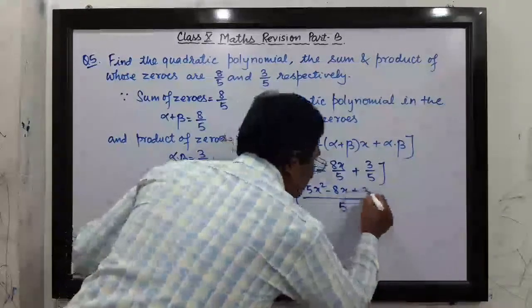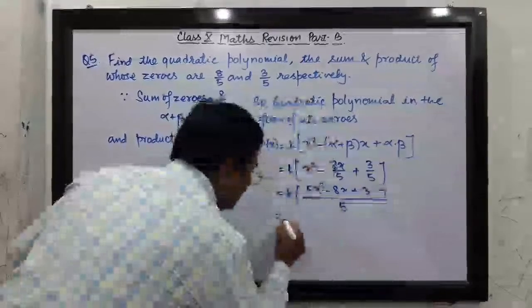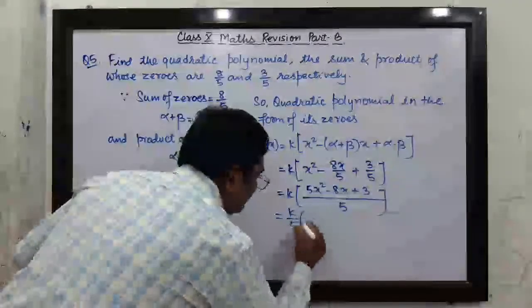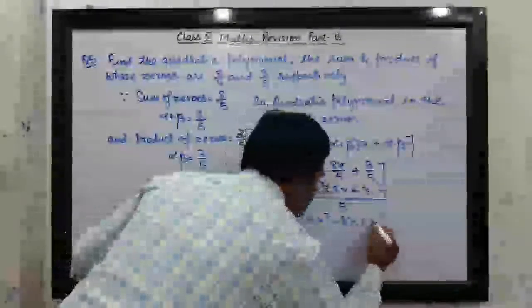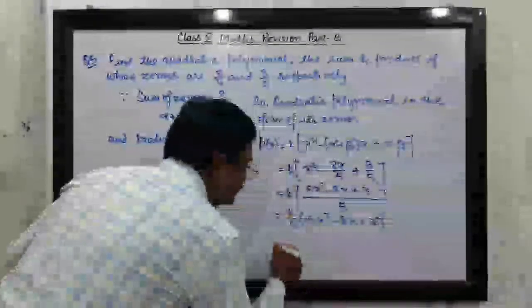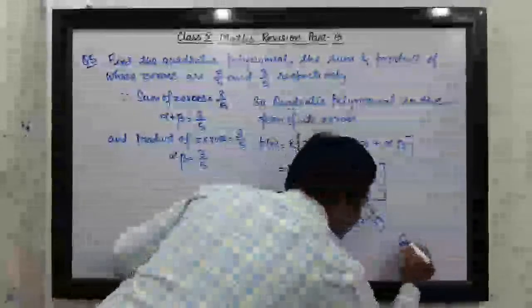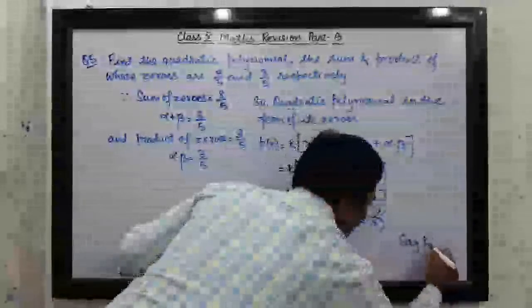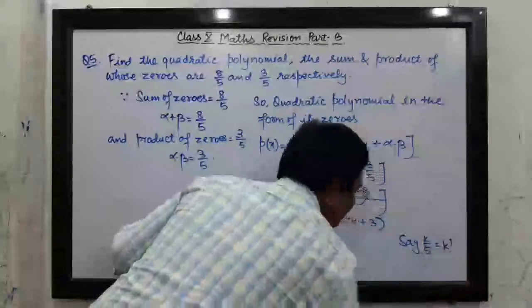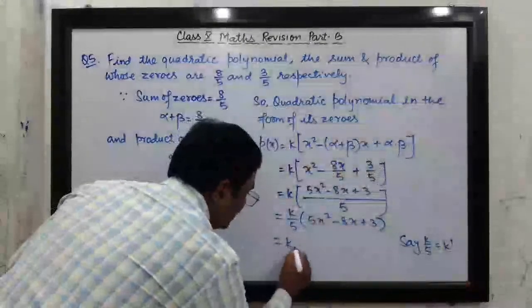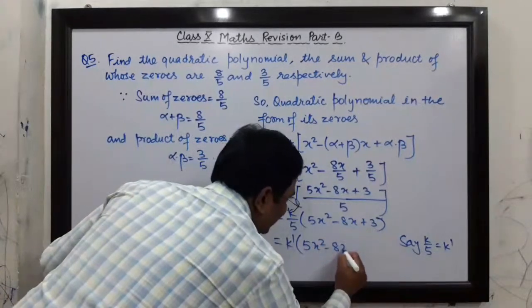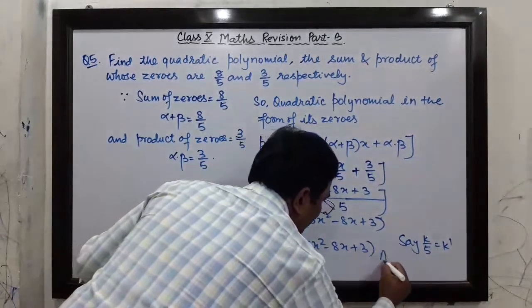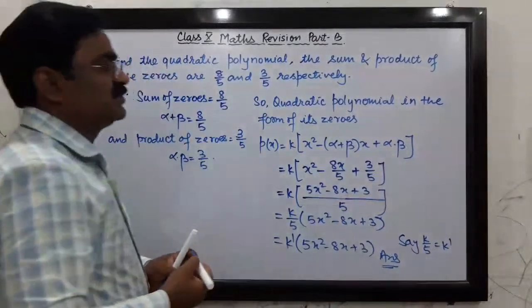Now it can be written as k upon 5 into 5x square minus 8x plus 3. Right? Now this k upon 5 is k dash, the second constant. So our required polynomial is k dash into 5x square minus 8x plus 3, which is our required answer of this question.